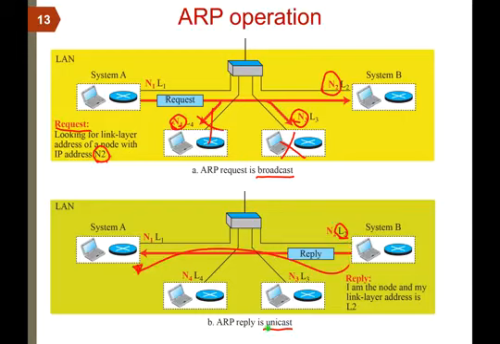So here is a unicast. It only sends to this, not to the other ones. So only this system will receive the unicast reply. Okay, so this is a simple explanation of the ARP request and ARP reply. We have the ARP request, which is broadcast, and the ARP reply, which is unicast.